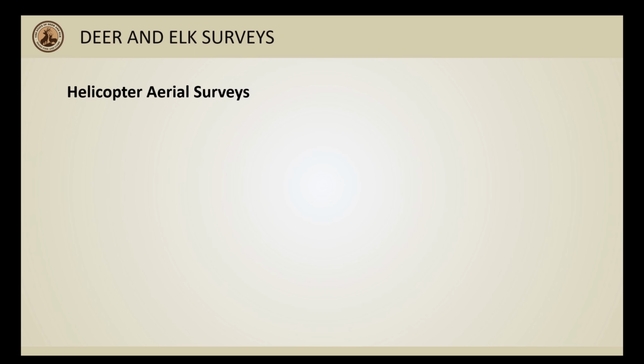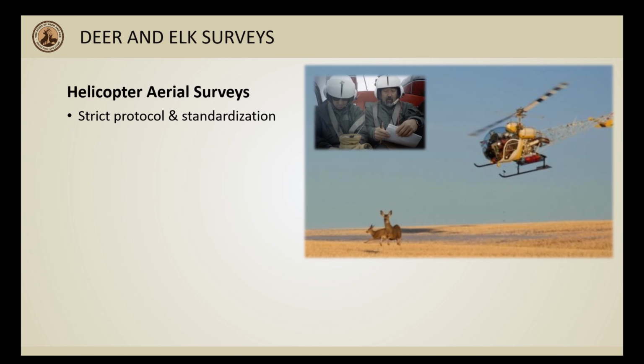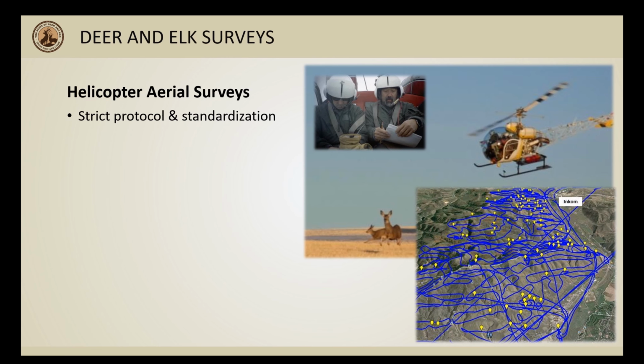IDFG aerial surveys follow a strict protocol that includes standardizing aircraft type, speed, altitude, time of year, observer number and training, and flight pattern. The flight pattern we use is designed to adequately cover the survey area while also taking many steps to minimize the potential for double counting animals.